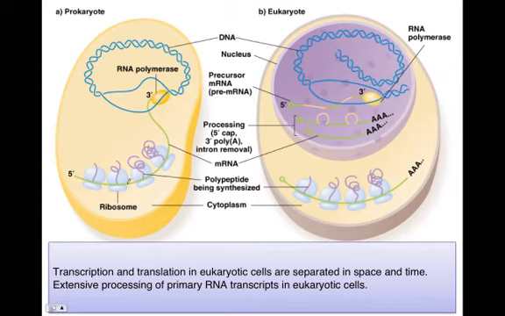In prokaryotic cells, the process of transcription and translation, or the production of RNA and the production of protein, is coupled. These processes are not segregated at all within the cell.